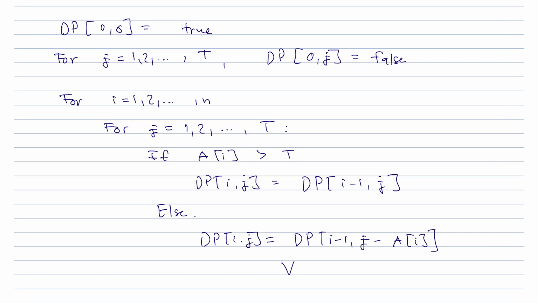This is an OR. Now, if you do not include a_i, then there must be a subset of the first i-1 elements that sum to j.